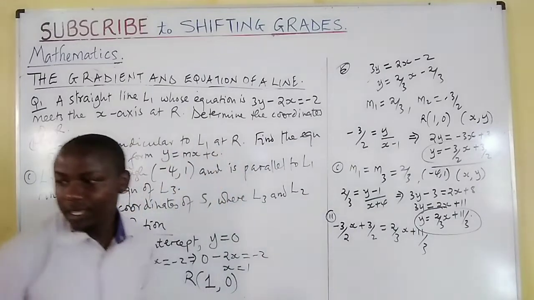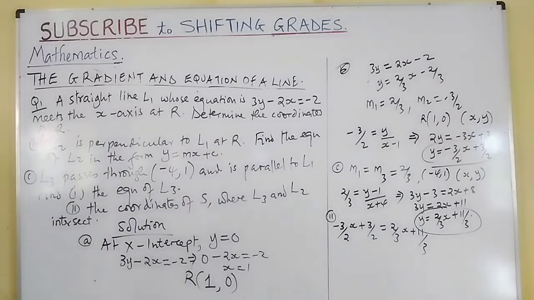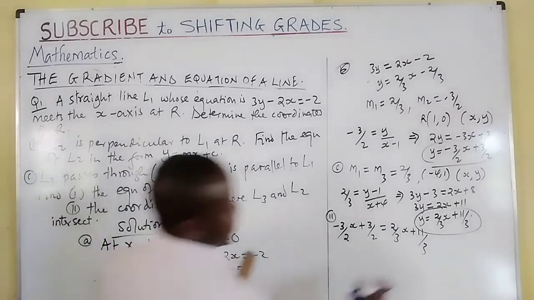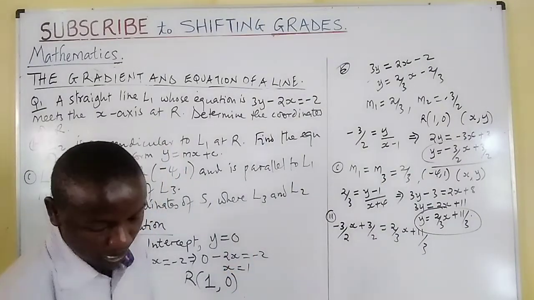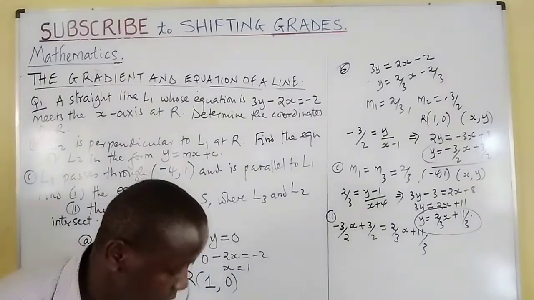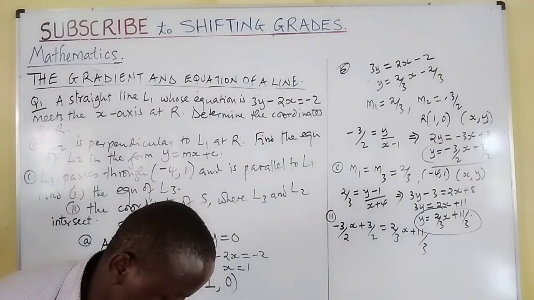I can use my calculator now. So you have to equate the two lines. This y should be equal to this y. So at the point of intersection, the lines are equal.